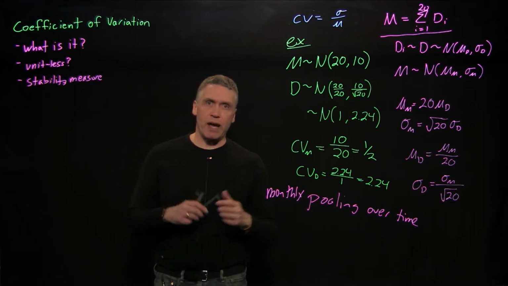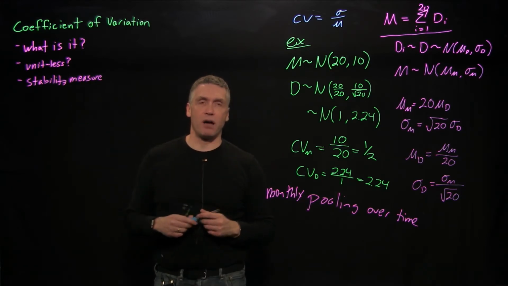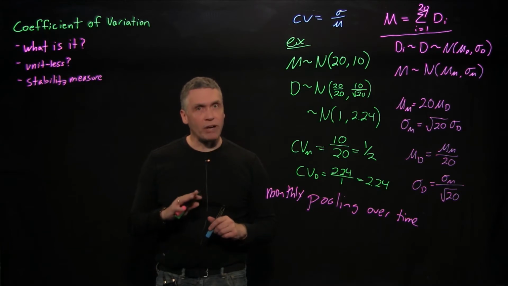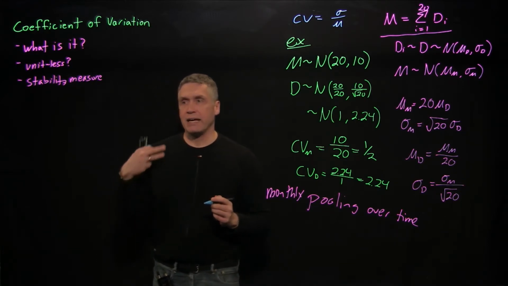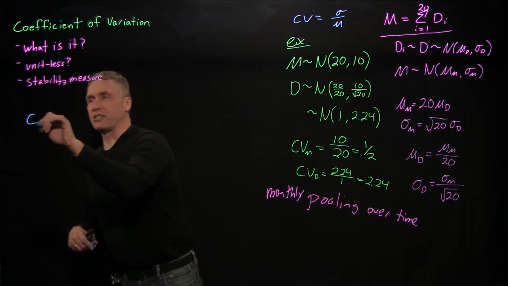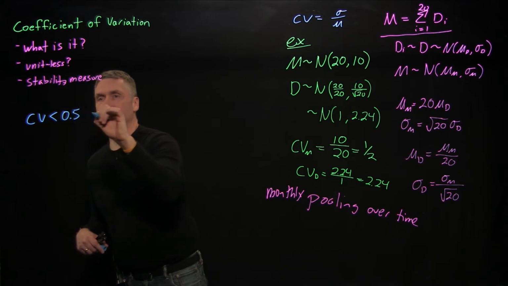Something else we have to think about is the stability measure of a random variable. Very often you'll hear this rule of thumb, which is that a stable product has a coefficient of variation of less than half.